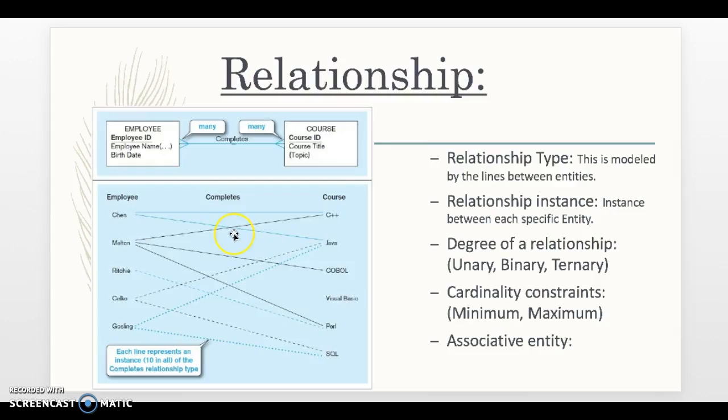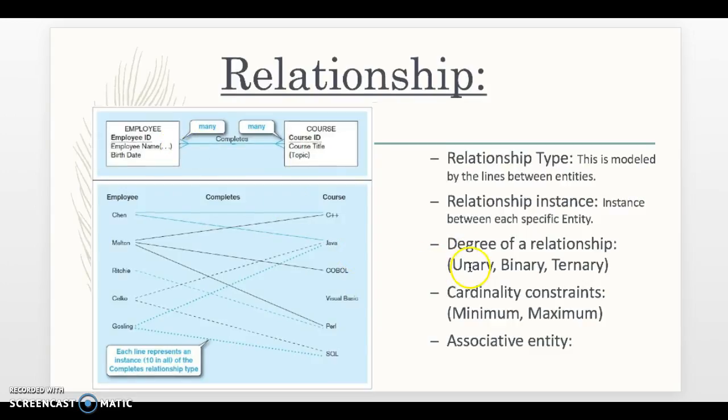All right, so moving on to relationships. A relationship type is modeled by the lines between the entities, which is right here. I don't know if you can see that. The relationship instance is a specific instance between each entity, whether it's one-to-one, one-to-many, or many-to-many.